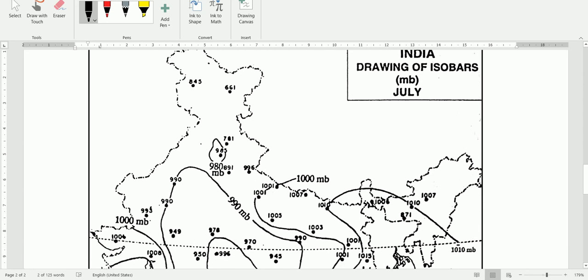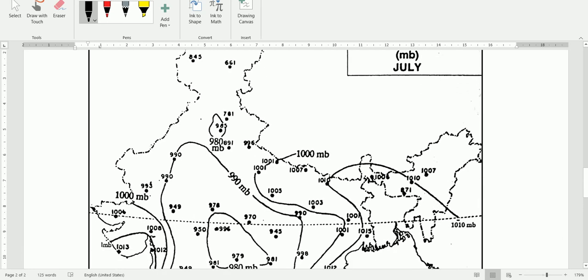So this is the map, and let us see how the 1010 millibar isoplate is drawn. See here, we have the 1010, so we may directly pass through here.